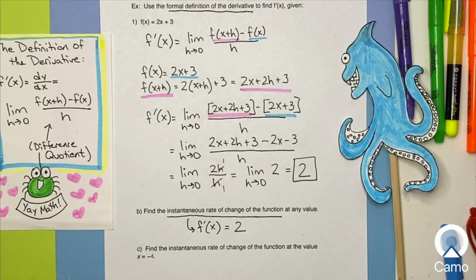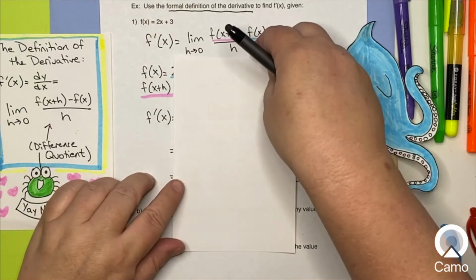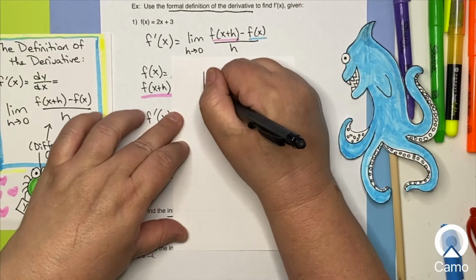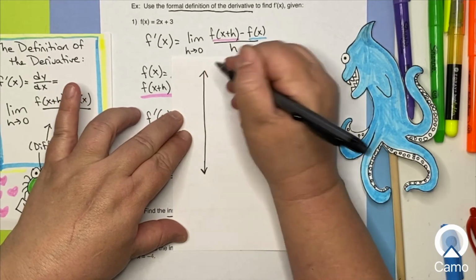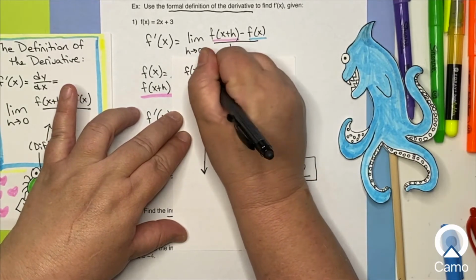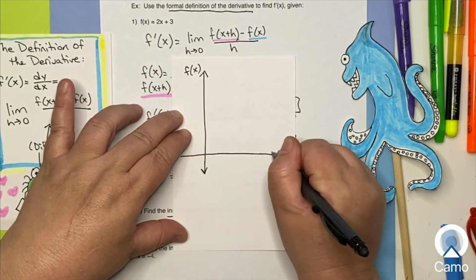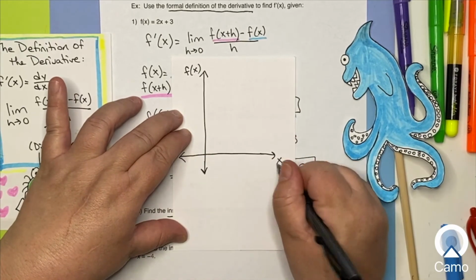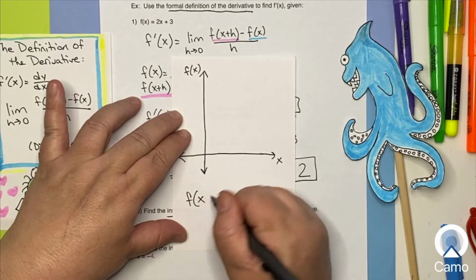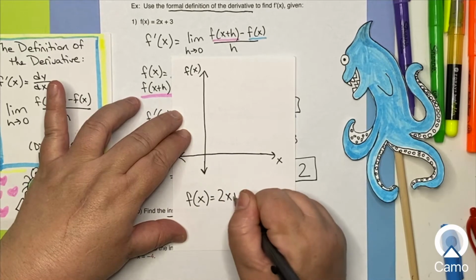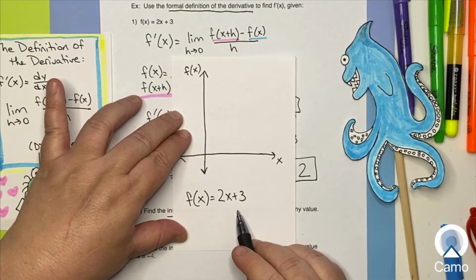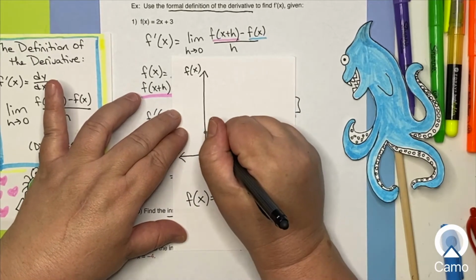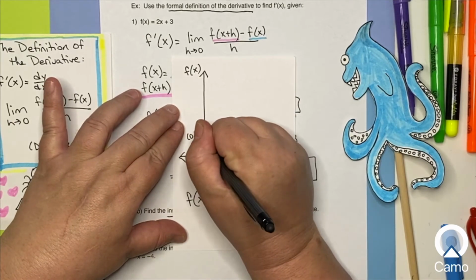And the answer is, let's take a look. If I do a really quick graph of f of x, if f of x equals 2x plus 3, do you recognize that that's a line? And it's a line that goes through the point 0, 3.